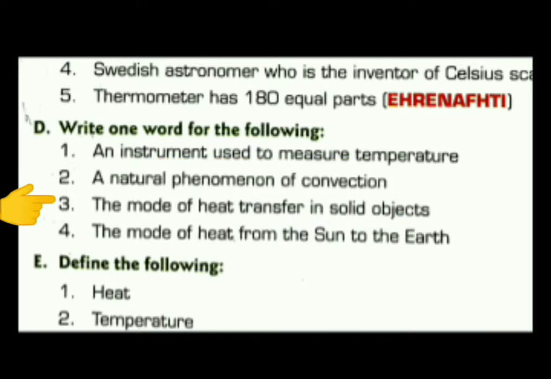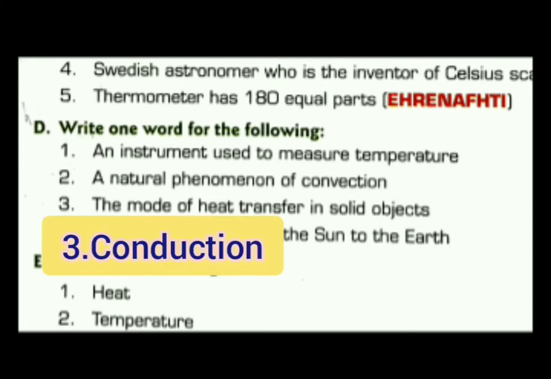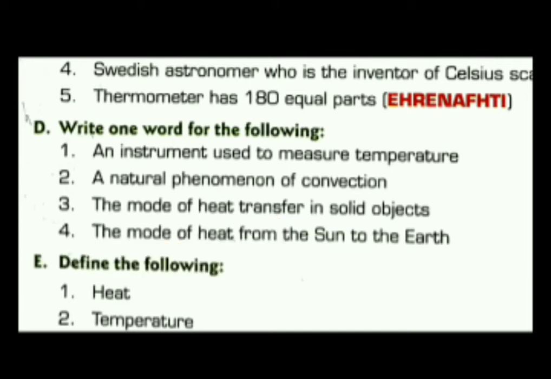Now see question number 3: the mode of heat transfer in solid objects. Students, we have studied the 3 modes of transfer of heat: conduction, convection and radiation. Out of them, conduction is the mode of transfer of heat in solid objects, because in solids particles cannot move, and hence conduction is the appropriate mode of heat transfer in solid objects.